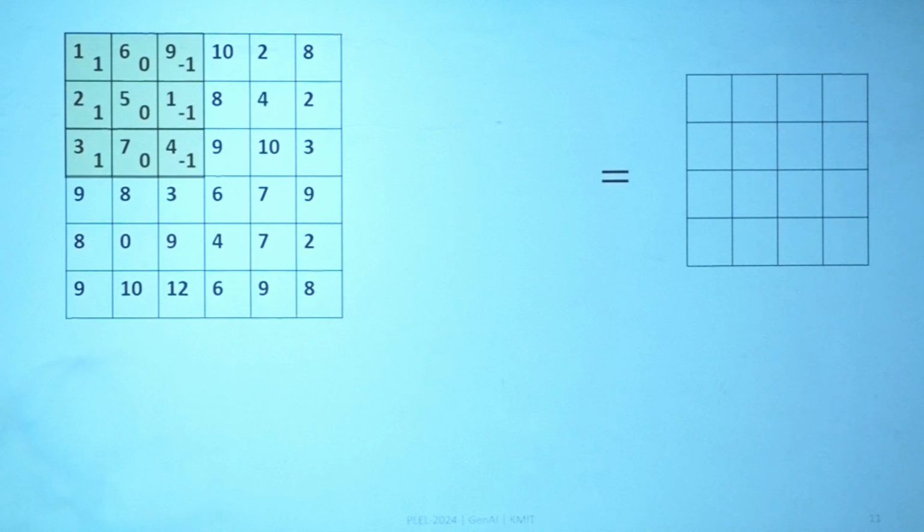If you listen carefully to what I am talking, it will be easy for you to do the next exercise. The filter is convolving with this specific input matrix region.